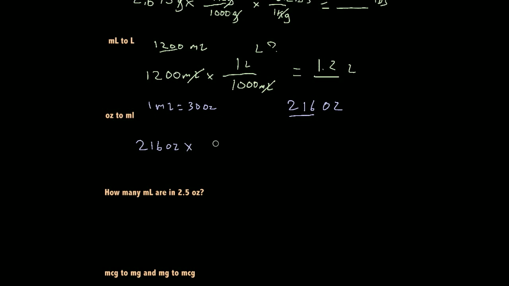And I'm going to multiply that by my conversion factor, which is for every 1 milliliter, I have 30 ounces. My ounces are going to cancel out, and I'm going to be left with milliliters. Milliliters is what I was looking for. I don't know how many milliliters there were, so I set my problem up correctly.